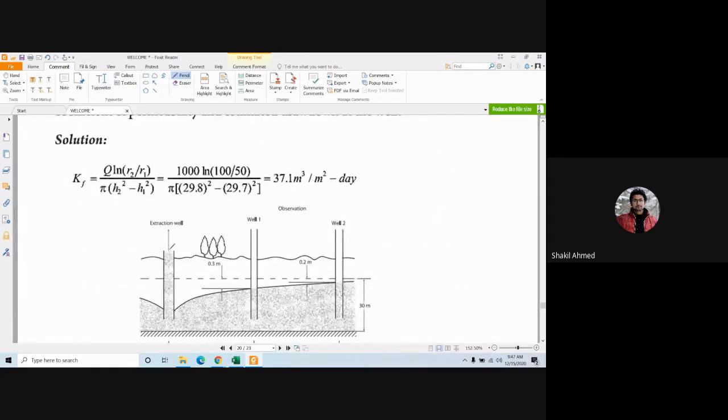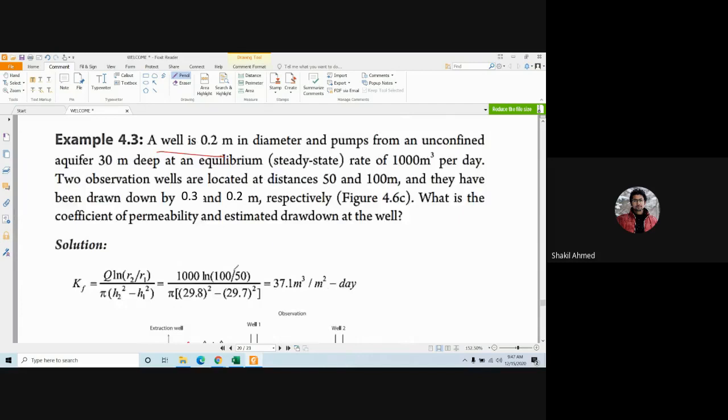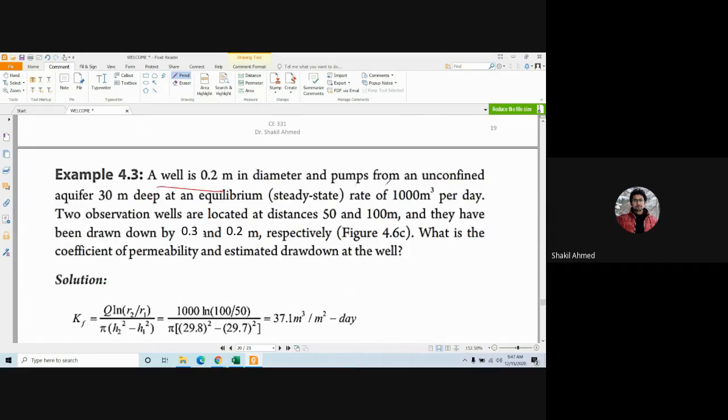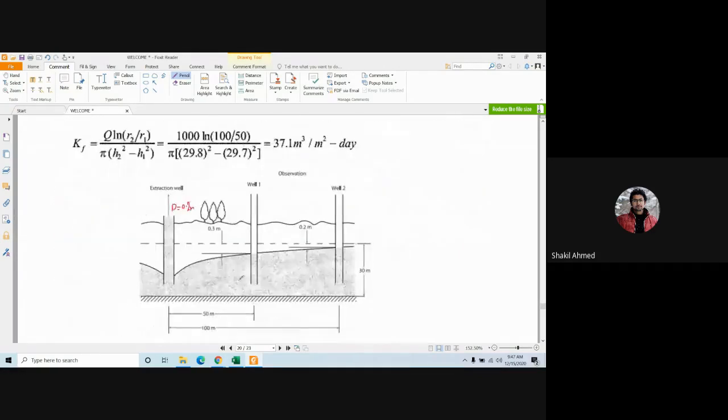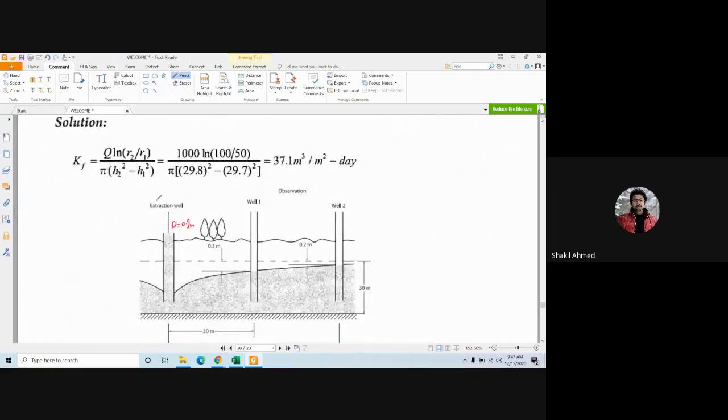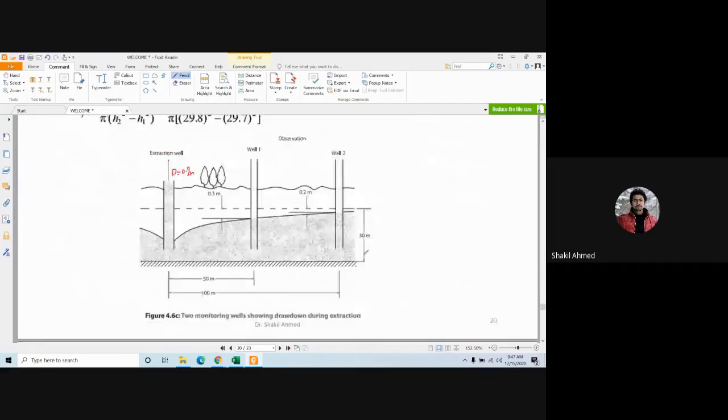It has a diameter of d equals 0.2 meter. Okay, extraction well, and it pumps from an unconfined aquifer. This is the unconfined aquifer, which is 30-meter deep.